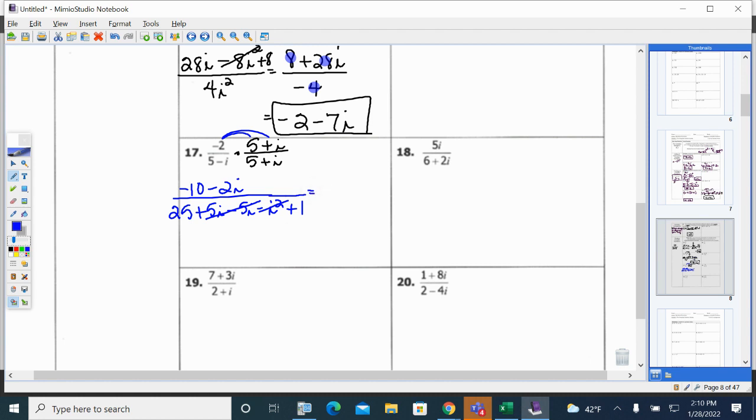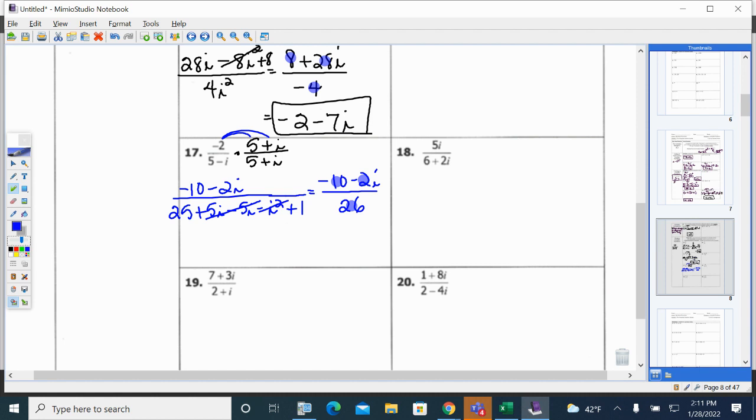So my new fraction becomes -10 minus 2i all over 26. And I'm going to point out these three again. We're looking at the -10, the -2, and the 26. Is there a common factor? This is how you have to look at how to reduce this fraction. Is there a number that goes into all three of those?